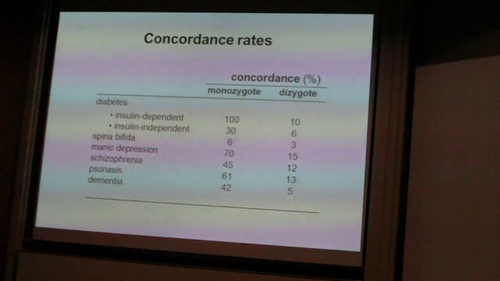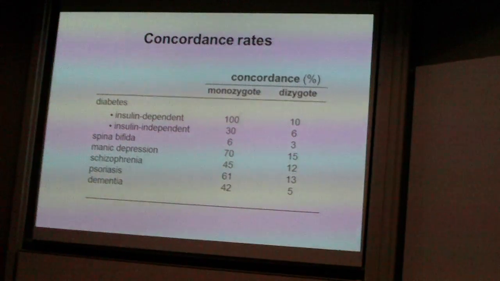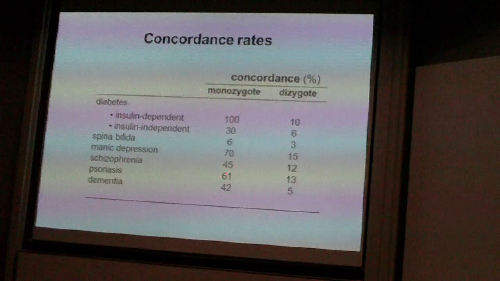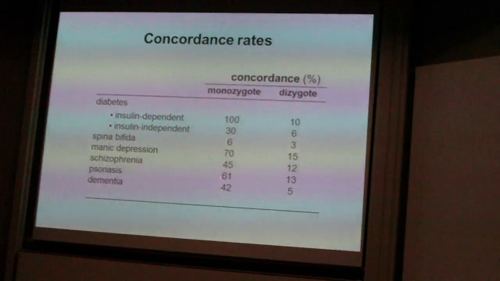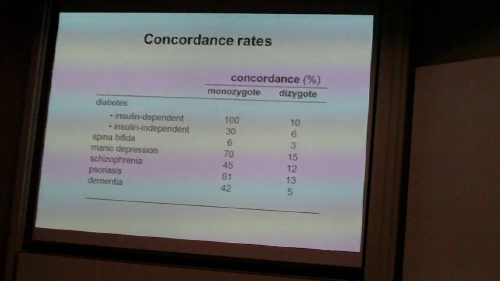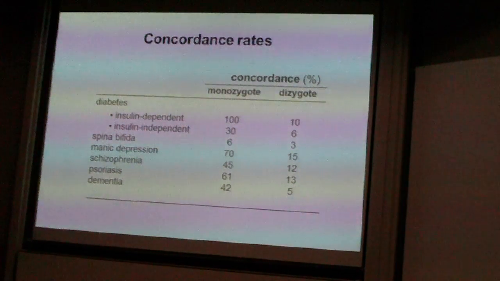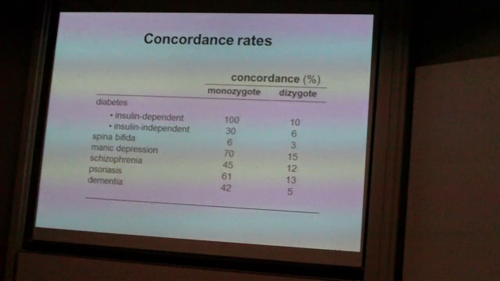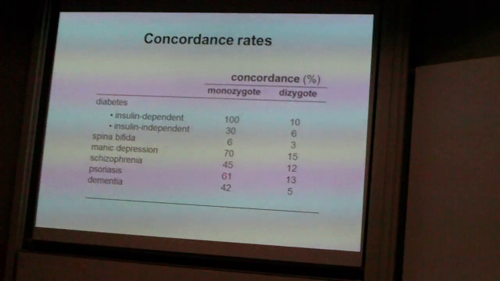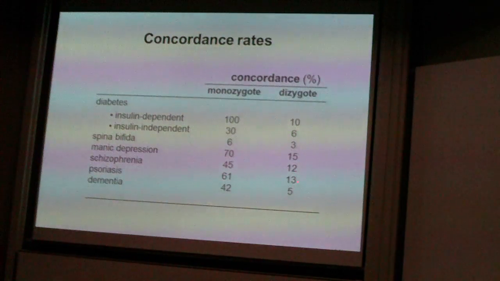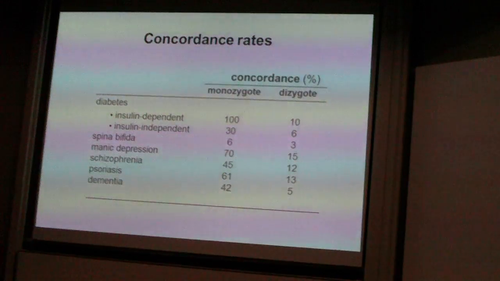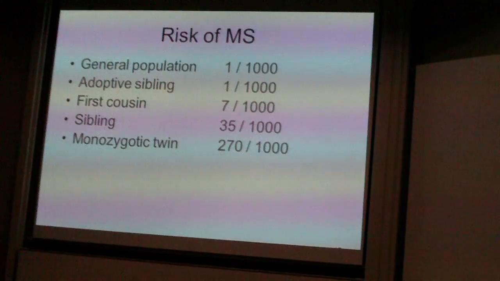If you have the same genes, then you will develop that disease. In other cases with the same genes, for instance in psoriasis, still if you have the same genes, it will not mean that you will also develop that disease, so your chance of developing that disease is 60%, which is pretty much higher than for dizygotic twins, so indicating genes are important, but they don't tell you everything.